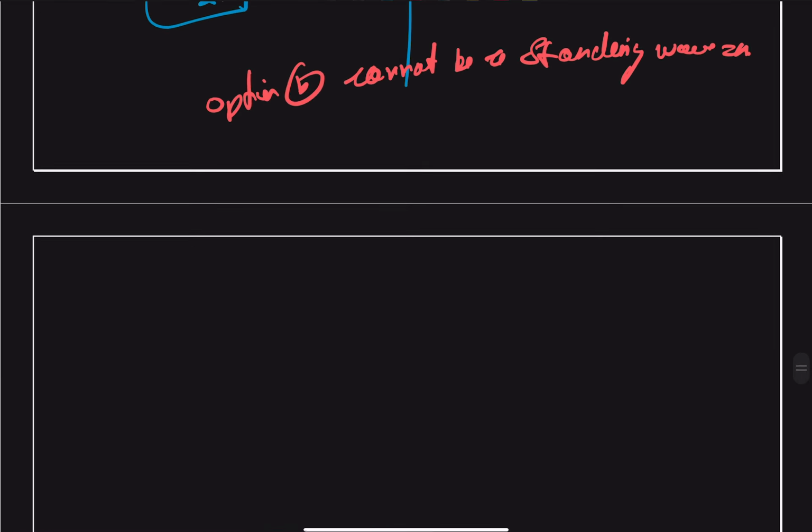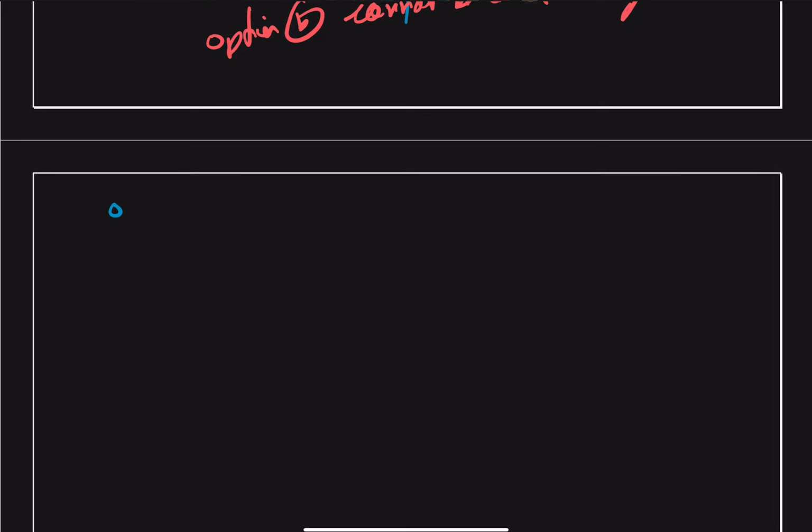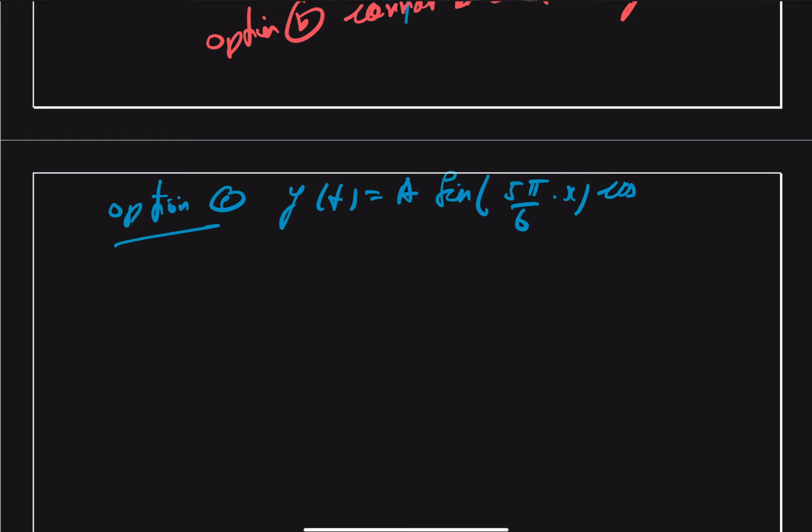Now let us try for option C. In option C, we are given that y of t is equal to A sine of 5 pi by 6 x cos of 250 pi by 3 times t. And once again we are going to compare it with equation 2.